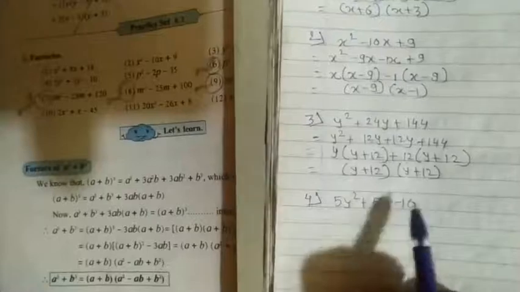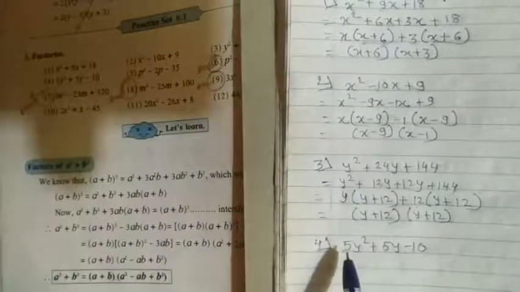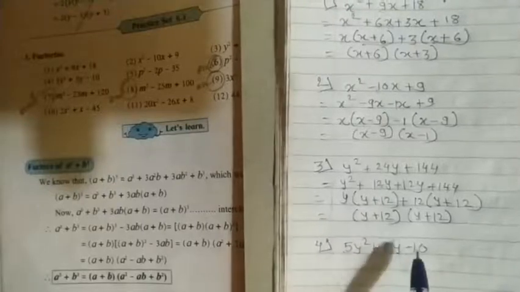Now see, one thing is different from this: the third term has the minus sign, which I explained to you. And one more thing: in the first term, earlier the coefficient was given as 1, but here the coefficient is 5. So we will multiply here 10 into 5.